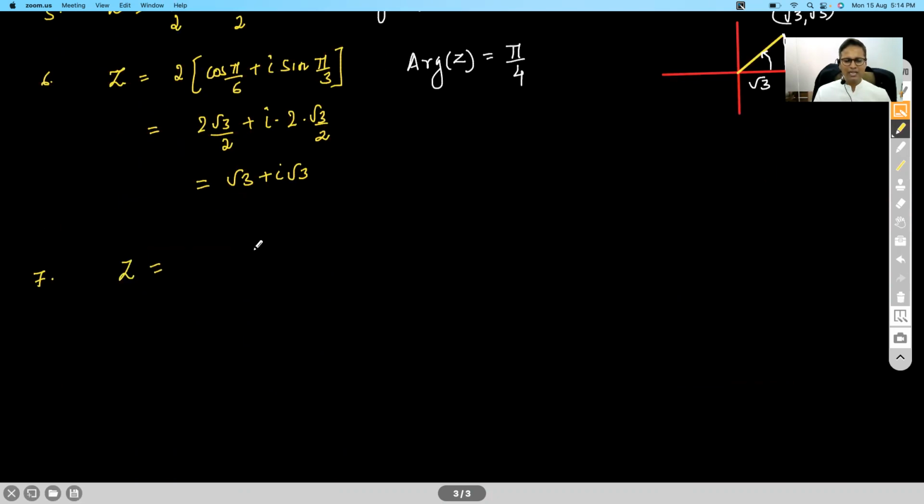This time my complex number that I'm going to take is 1 minus root 3i. Let's take minus 3 cos pi by 3 plus i sine pi by 3.